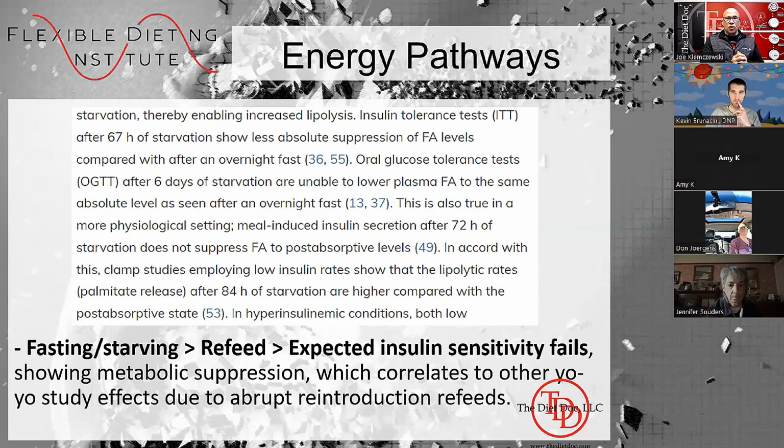So fasting or starvation, then of course you have to eventually get to a refeed. I'm not going to really talk about keto too much in that regard. You then expect insulin sensitivity to kind of rule the day.